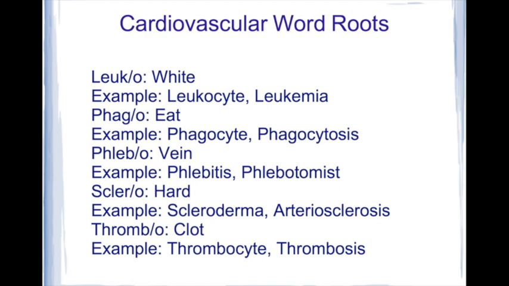So a thrombus is a blood clot. Deep vein thrombosis is when we have blood clots, usually in the legs, which can be caused by something like phlebitis. A thrombocyte is a type of blood cell that produces blood clots. So when we bleed, our thrombocytes help to protect us by forming clots and stopping the bleeding.